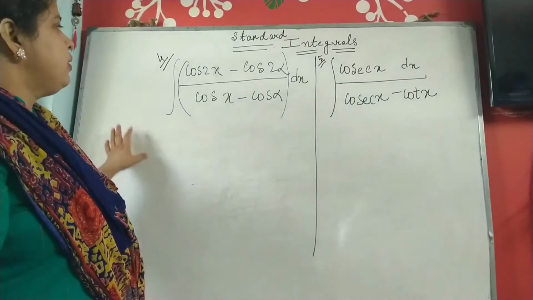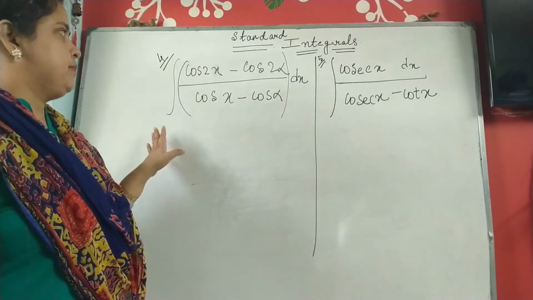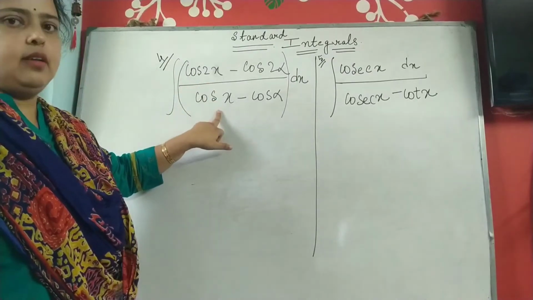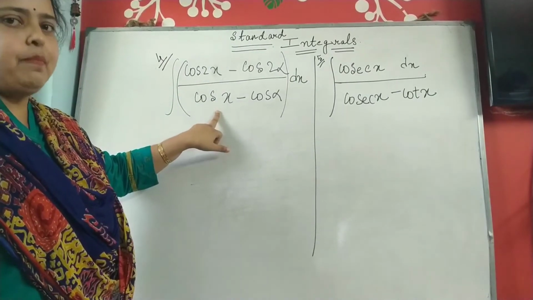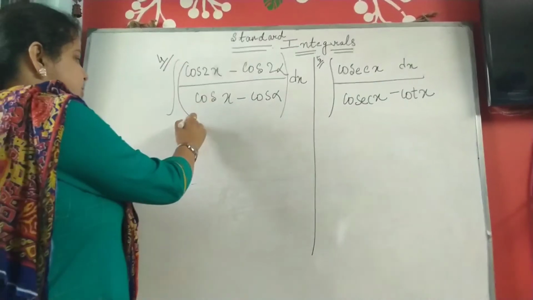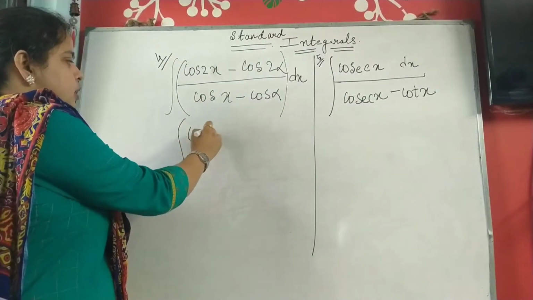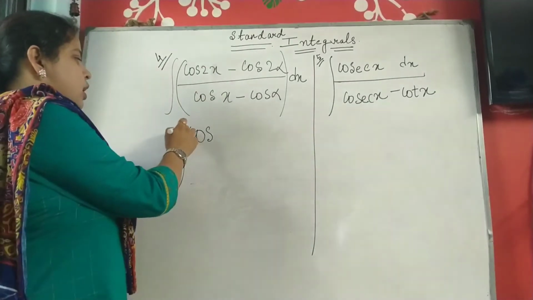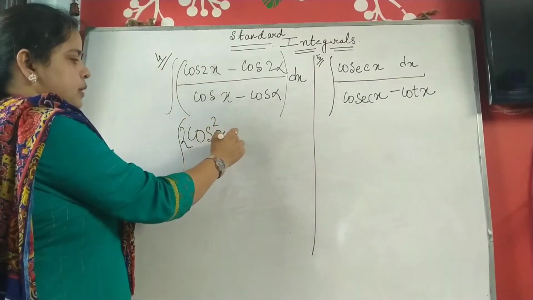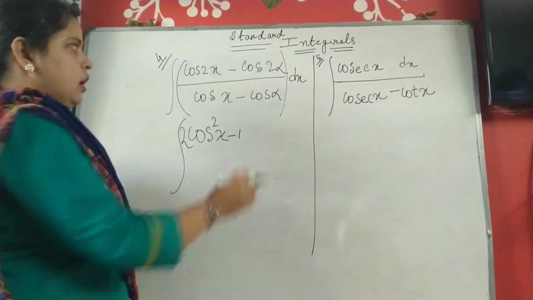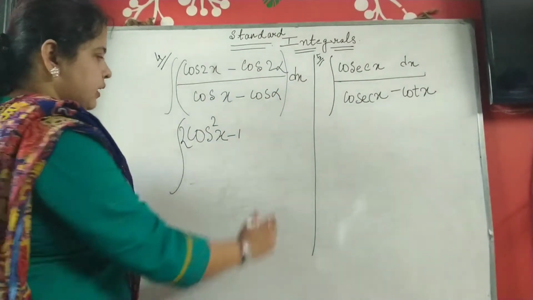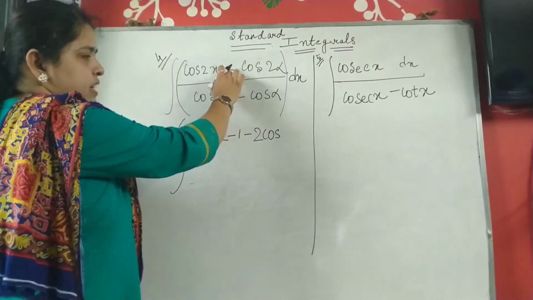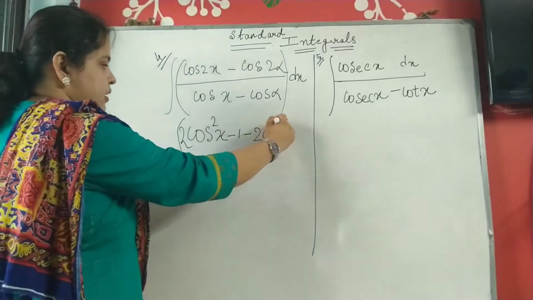Now, we have to first reduce this one to x. That is by the formula. Let us do that. So, cos 2x, how can we write it? 2 cos square x minus 1. Cos 2 alpha can be written in the same way, and keeping in mind there is a minus sign in between.